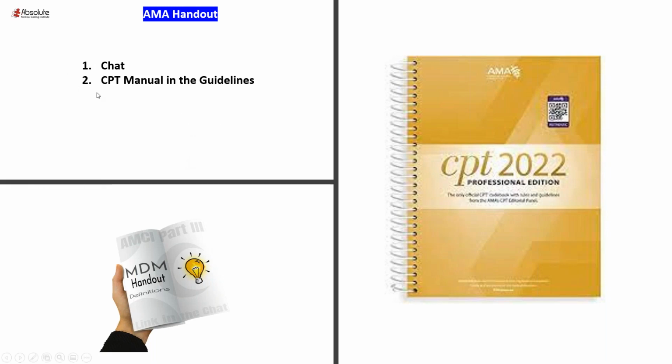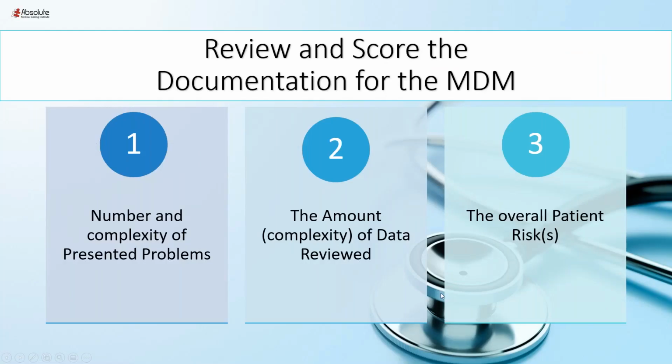You can find these definitions in your CPT manual guidelines, and there you go. So in your handout or the CPT manual. Now, of course, I want to try and make things easier. So this is further instruction on how we're going to review documentation.